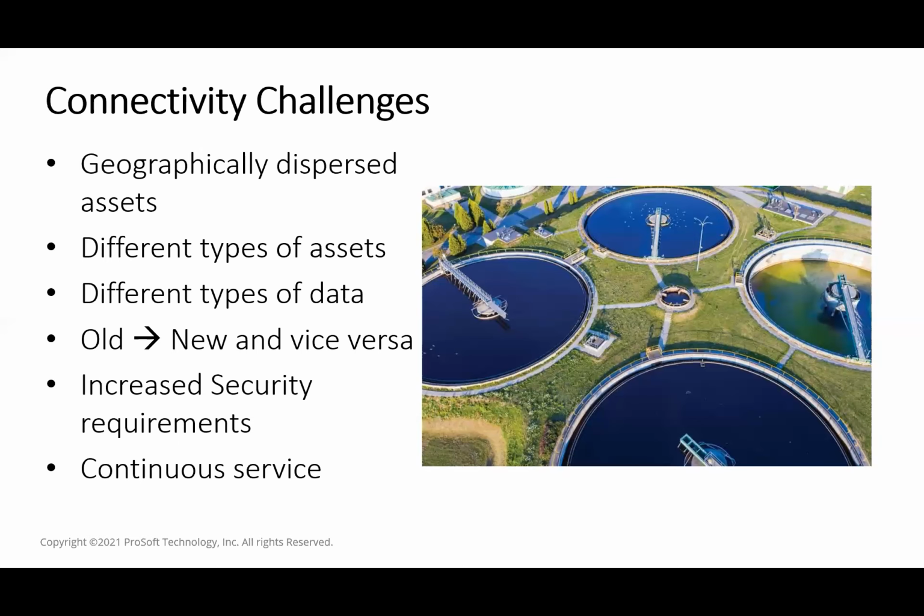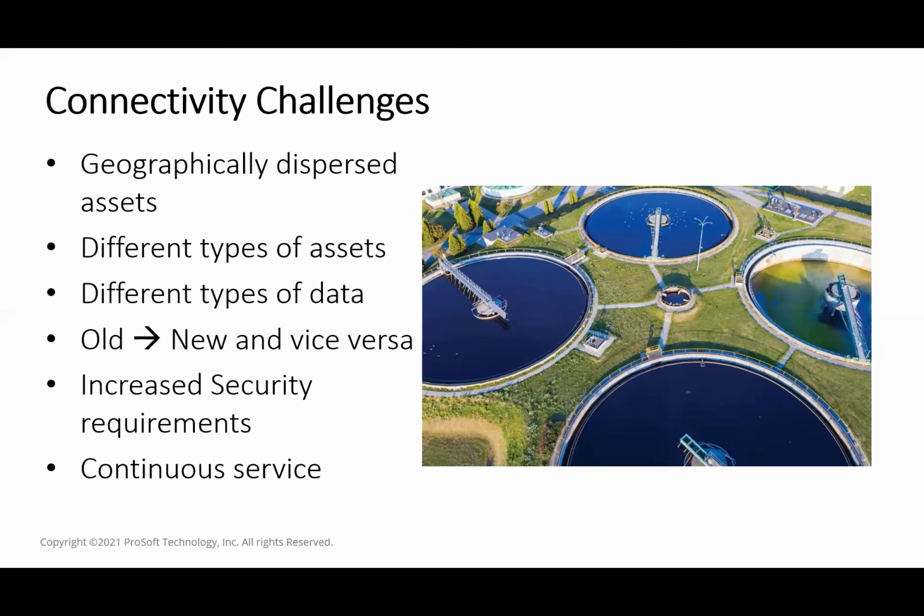That then leads to where you've got old devices and you've got new devices. And again, the challenge is to make sure that you're able to connect to all of them, because every piece of data is very, very important. You want to get as much data as possible that gives you that overall view of how the system is performing, with a view to improving your efficiency and productivity.